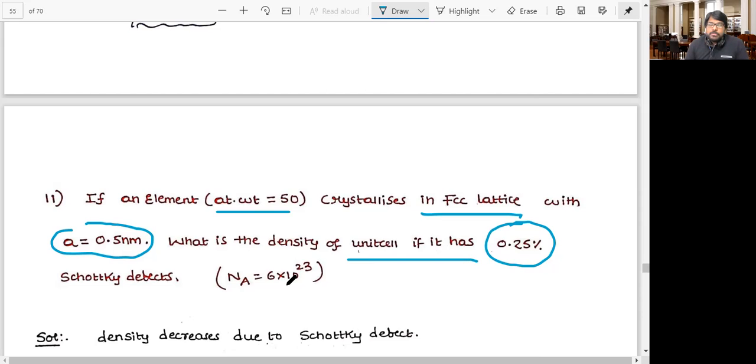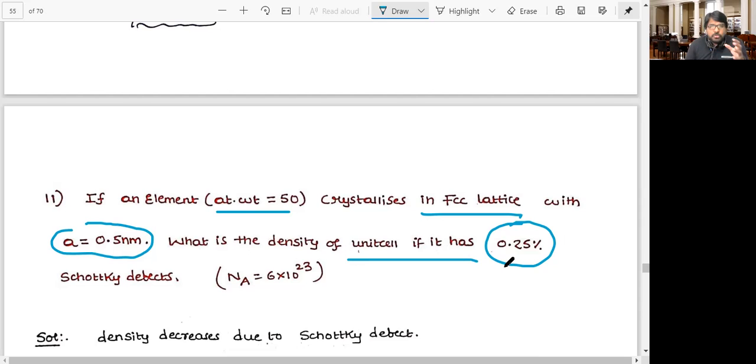So you need to recollect what a Schottky defect is. Schottky defect is produced due to the missing of some atoms, not migration, due to the missing. So it is an element, atomic mass is given, FCC lattice, and it has 0.25% Schottky defects.